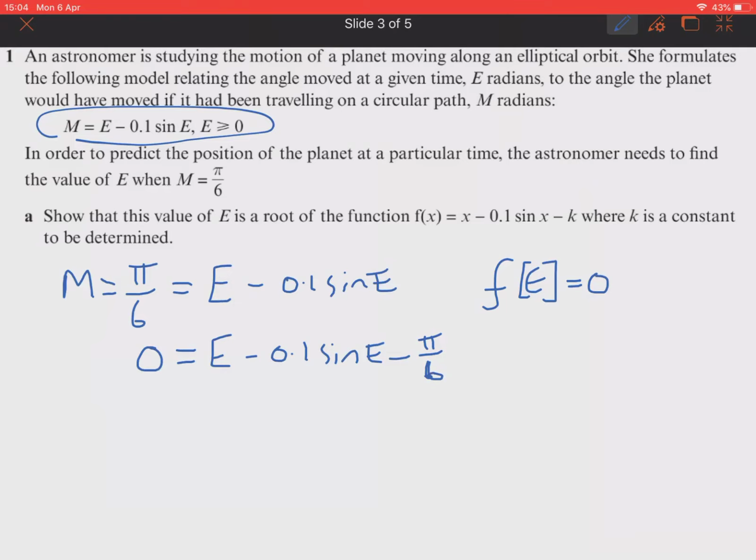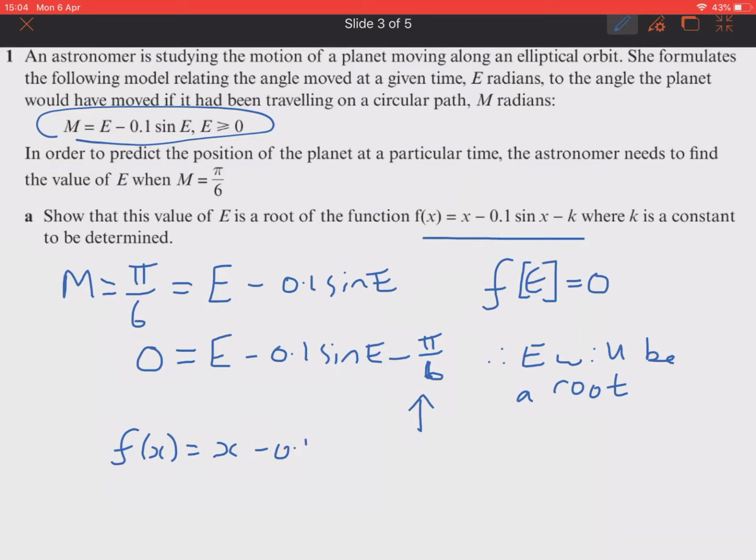Okay, so hence, therefore, E will be a root when k, if we compare this, f of x is x take 0.1 sine x take k, so therefore we can see that this is when k will be pi by 6.